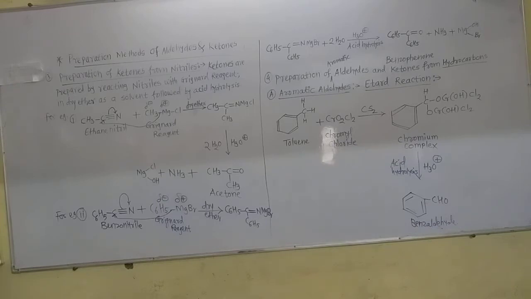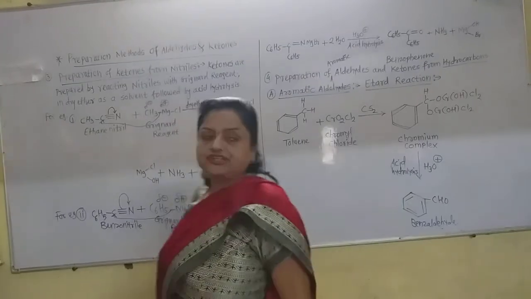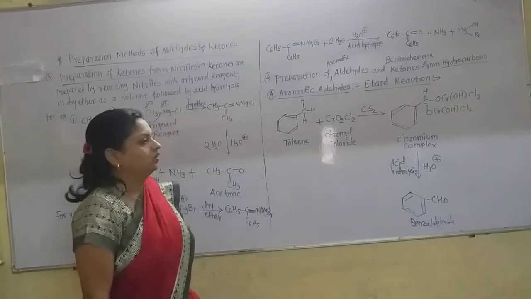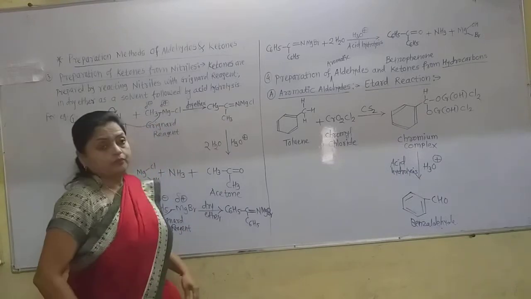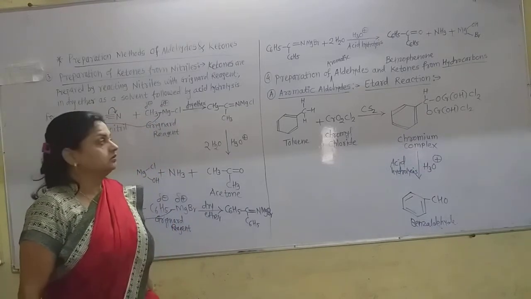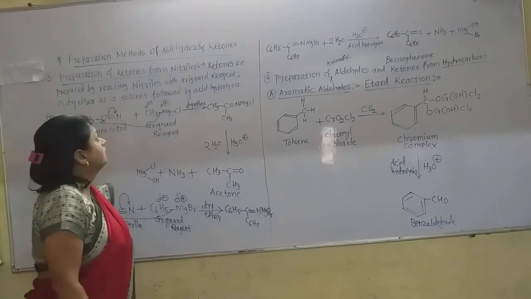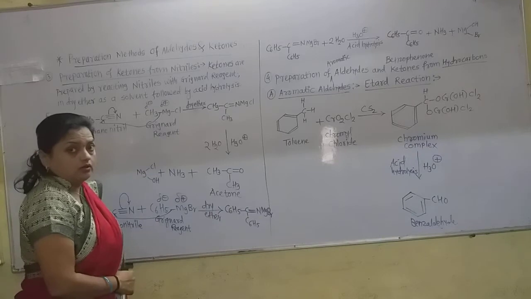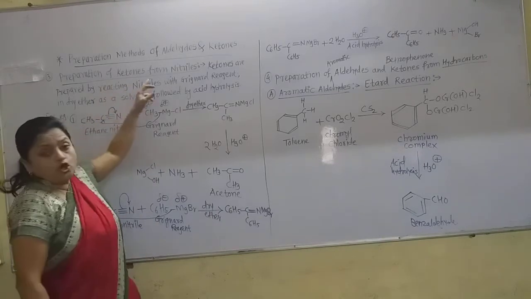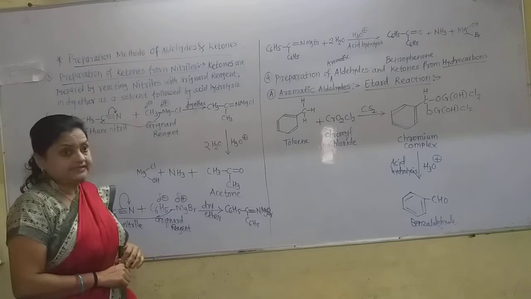Now come to the next method of preparation of aldehydes and ketones. That is the third method. We already saw the preparation of aldehydes yesterday from the nitriles. Now see the preparation of ketones from the nitriles.